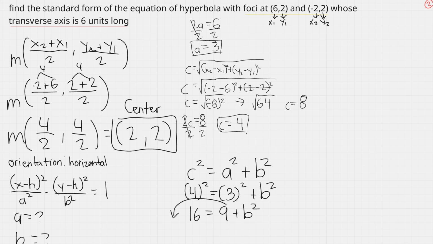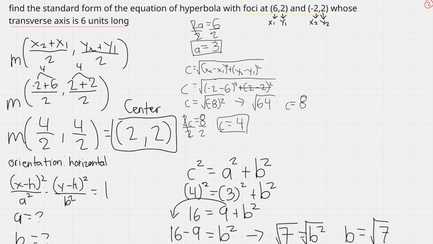Now, let's put this 9 to the other side. So, we have 16 minus 9 equals b squared. 16 minus 9 will give us 7. Let's square root both sides to get rid of the square. So, our b will be the square root of 7.